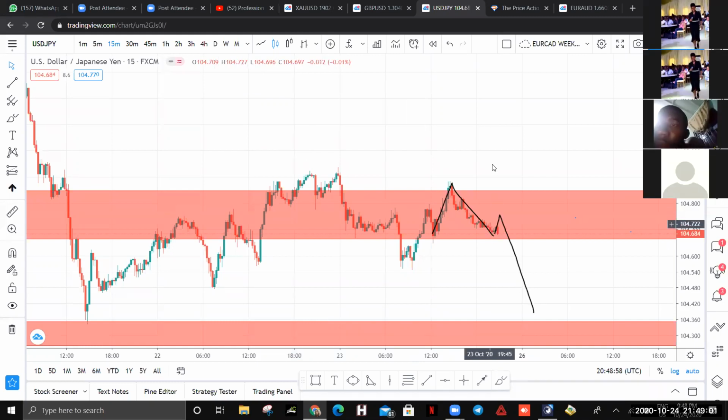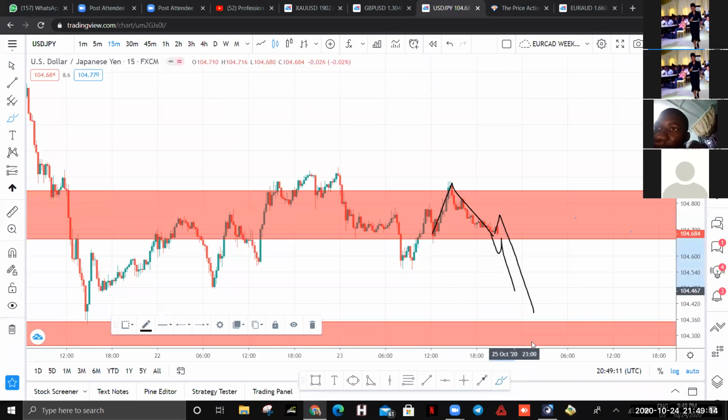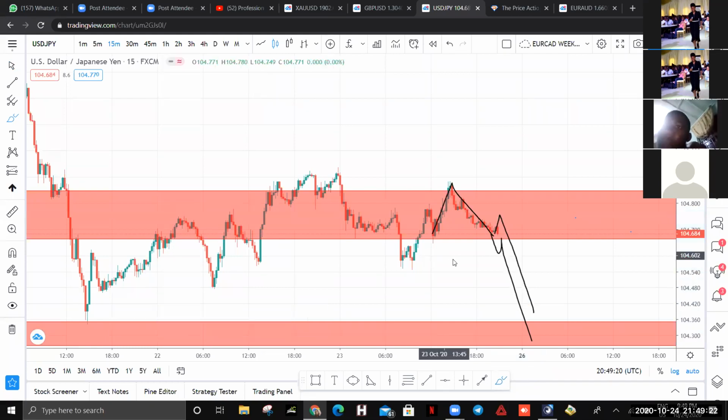But if the market breaks out of this cone I'm seeing here, it is already invalid. So two things can happen. It continues falling, retests this resistance zone and breaks out, or it does this inside the zone and comes out. So you see why, when you spot all these patterns on the smaller time frame, it helps your confidence to grow when you want to take your trade.